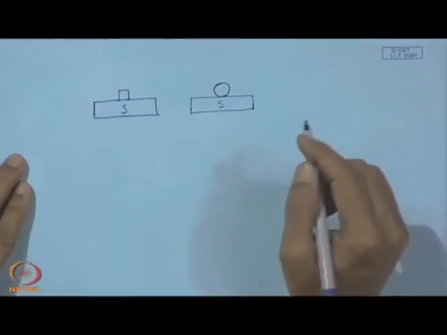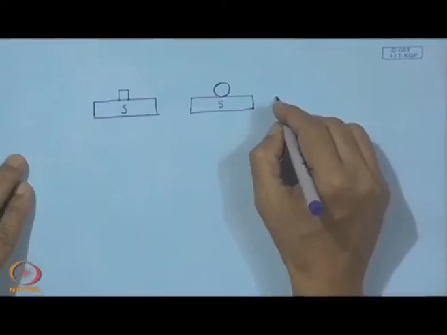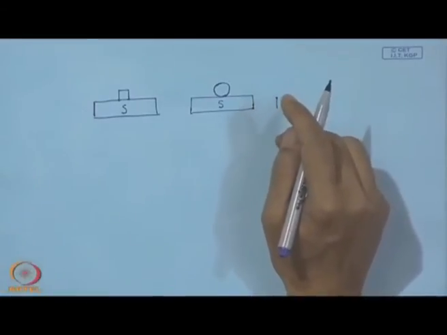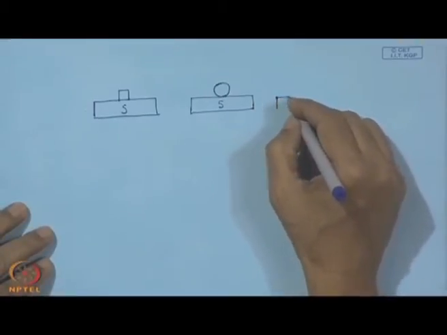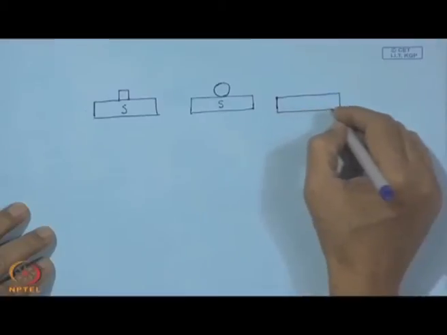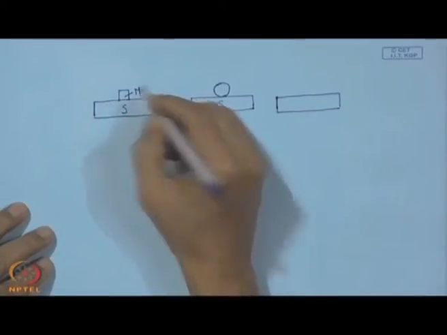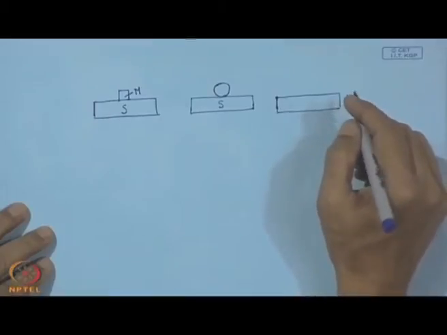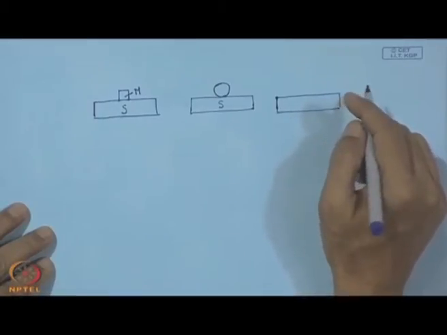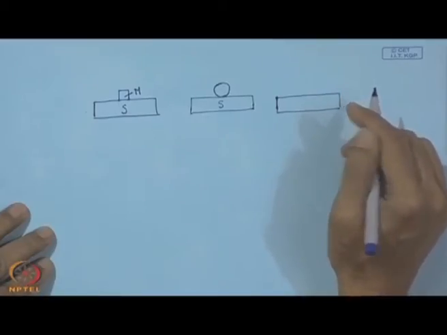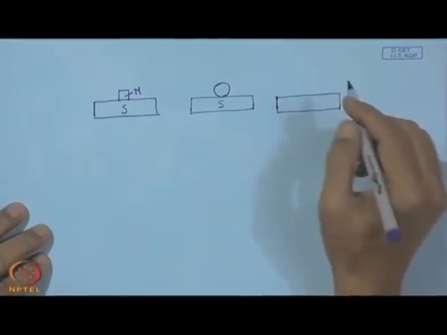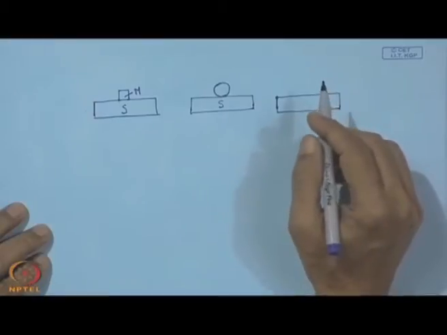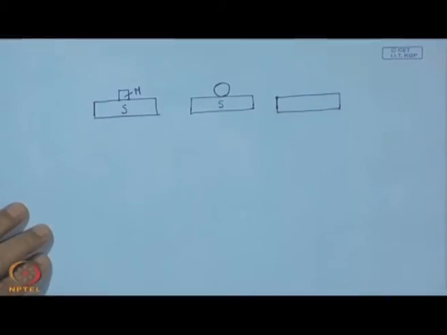This is one extremity. We have another extremity also, where this metal block after melting can have spontaneous spreading over this solid surface.